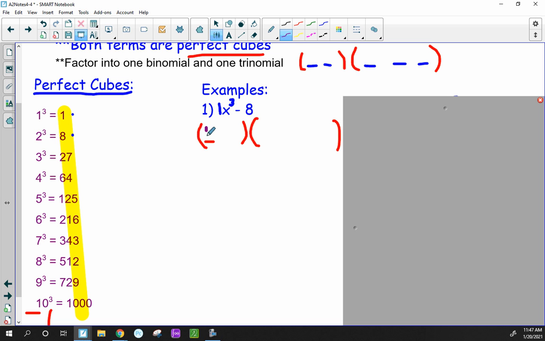Well, 1 times 1 times 1 is 1. x to the first times x to the first times x to the first, remember you add powers when you're multiplying, gives you back x to the third.